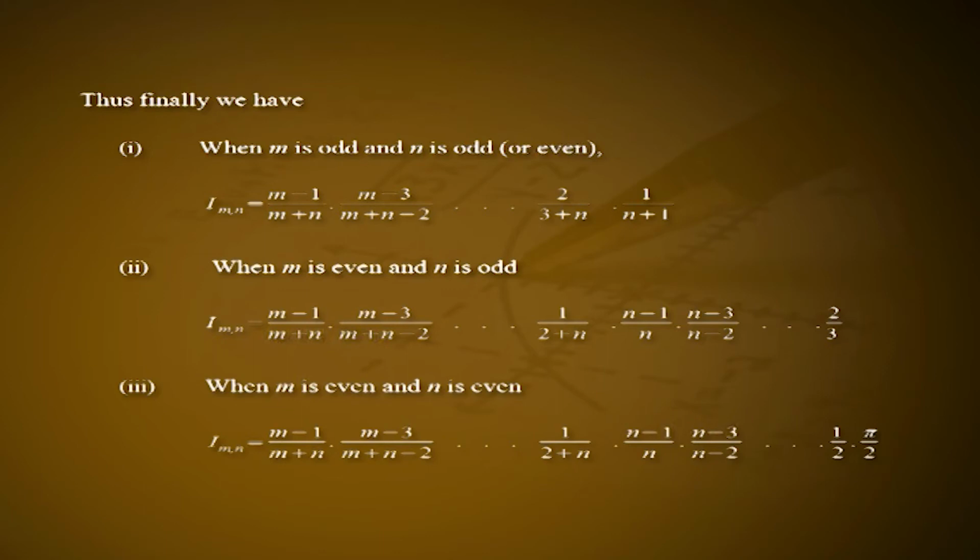And third, when m is even and n is even, I_mn is equal to (m-1)/(m+n) into (m-3)/(m+n-2) into etc. into 1/(2+n) into (n-1)/n into (n-3)/(n-2) into etc. into 1/2 into π/2.